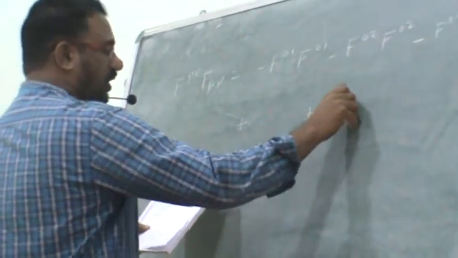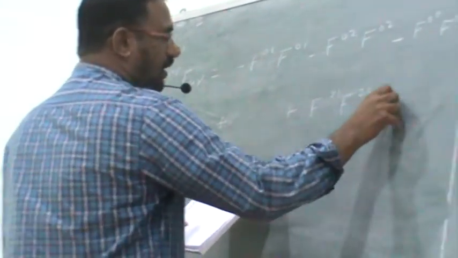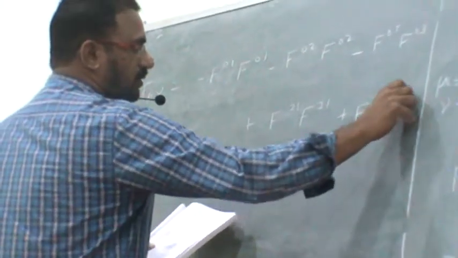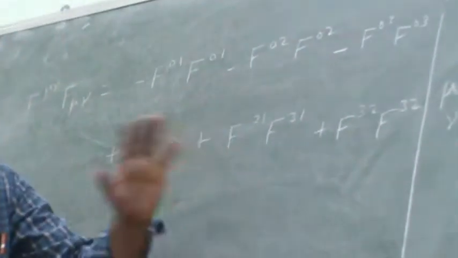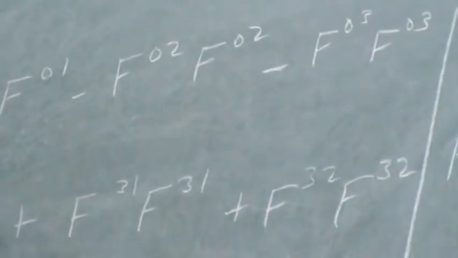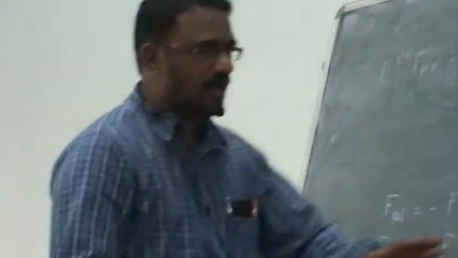So F31, F32 you can write explicitly. Only if any one of the indices is 0, you change the sign, otherwise don't change the sign. So what I have done is I have changed F01 to minus F01. F12 is not changed in sign. Okay? So this is what I have done.